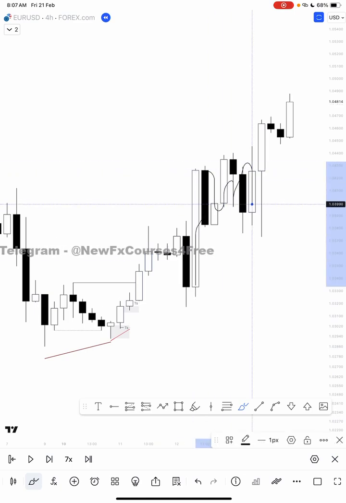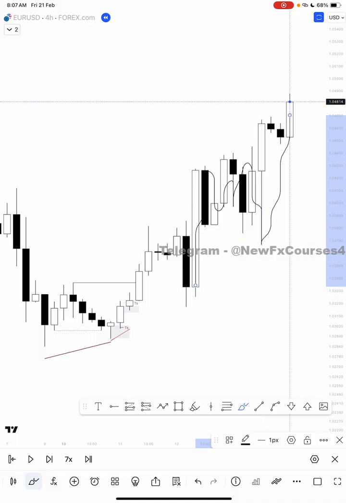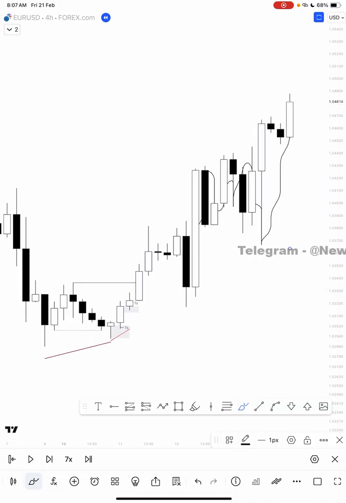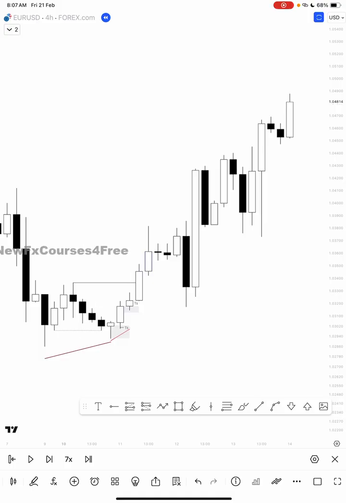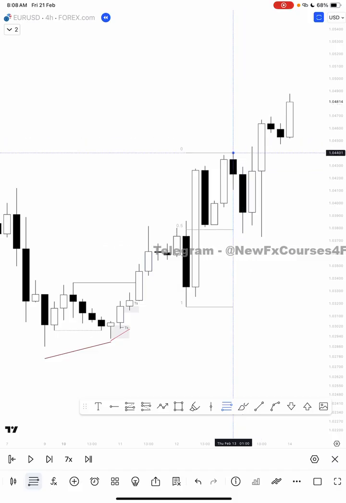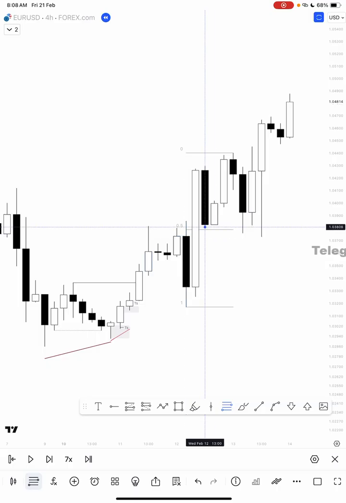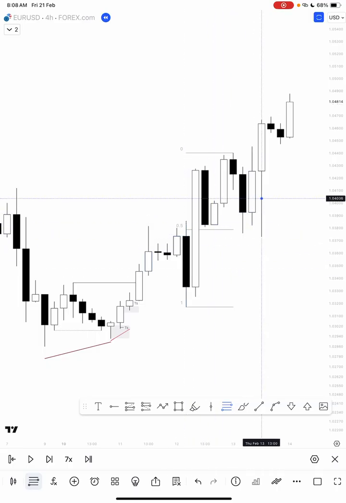Then you got your range, then your retracement before second leg of expansion higher. So if you take your daily range from this low to this high, you can see this was the equilibrium, and this order block is actually at a discount of the range.